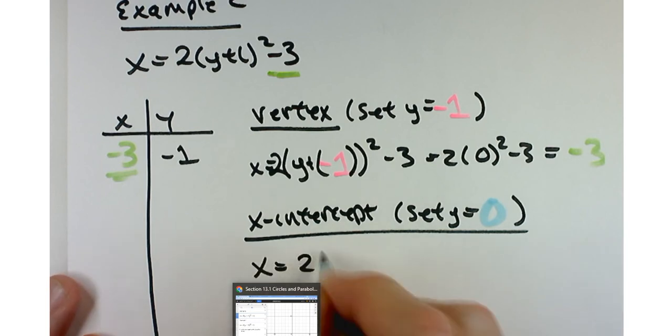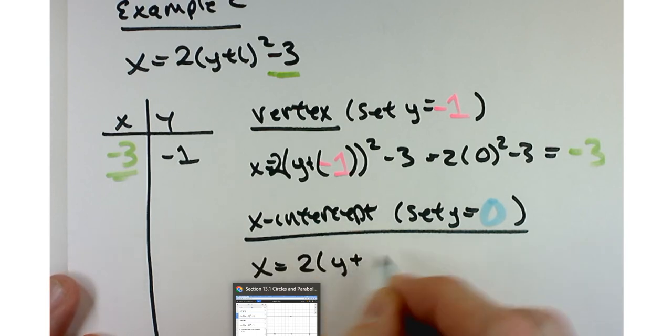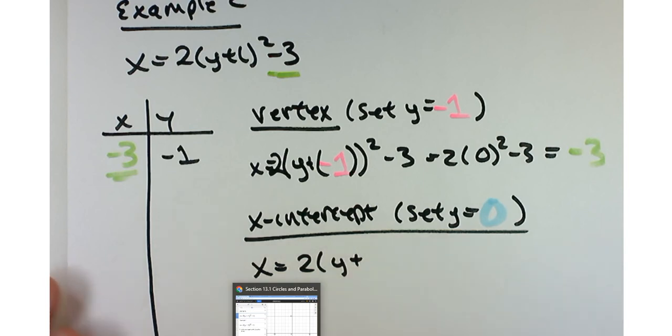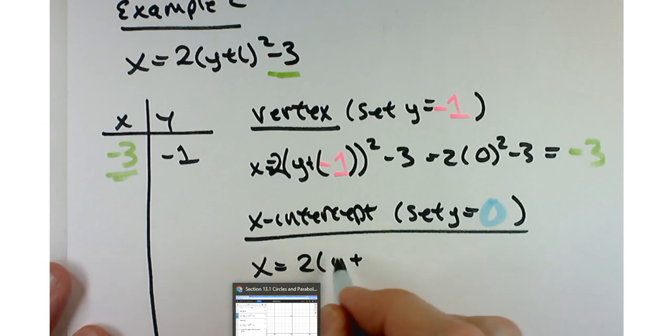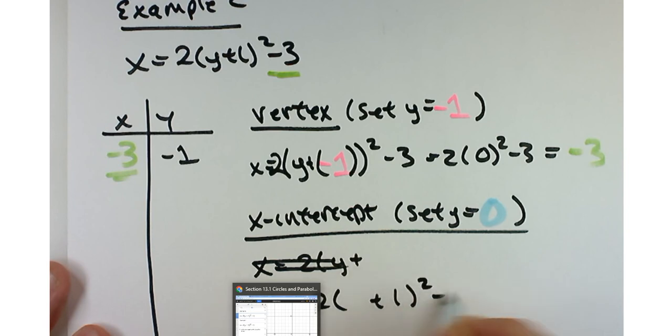X equals 2 times y plus 0, and actually, rats. Let's try that again. It's going to be x equals 2 times 0 plus 1 squared minus 3.